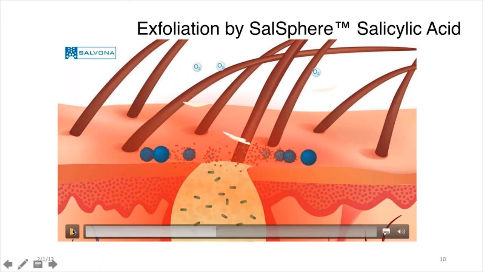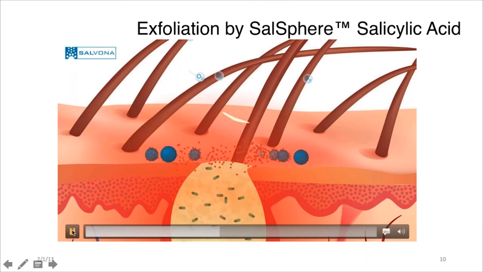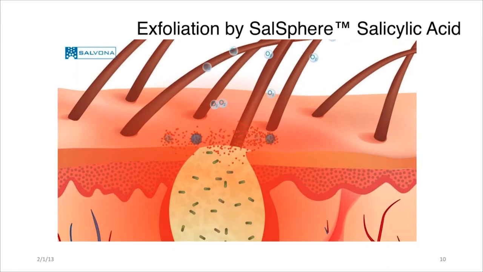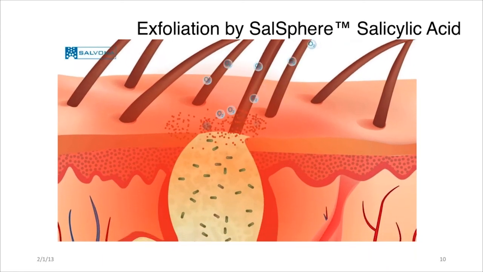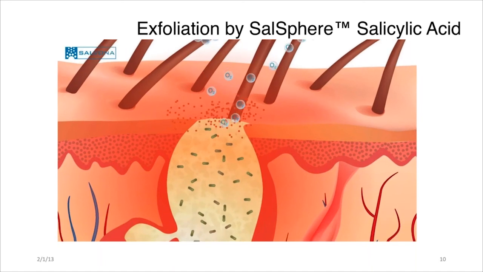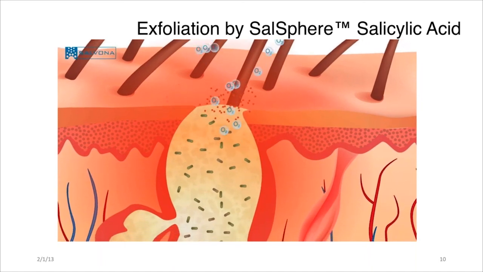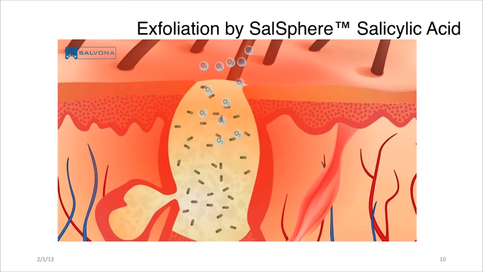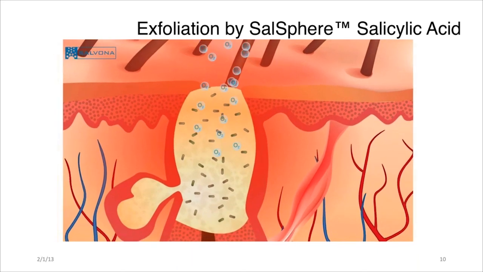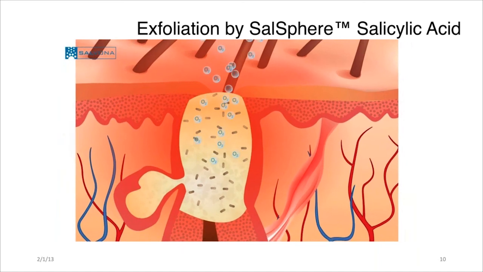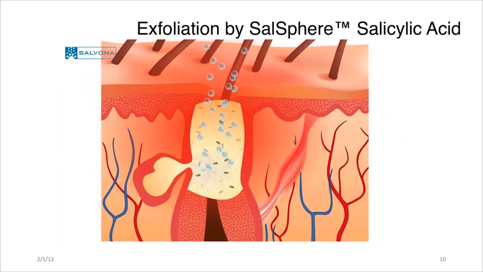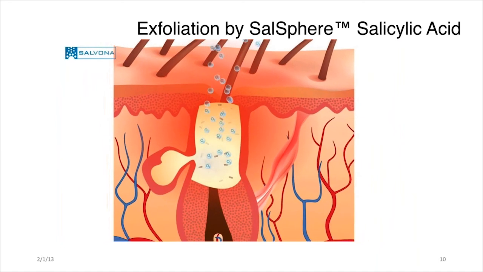But the major benefit of the exfoliation by the salicylic acid is the ability of oxygen to get into the pore. And oxygen is the major medication in this case to kill the bacteria. So what SalSphere salicylic acid is doing is targeting the pimple, opening the pore, and allowing the air to get in.